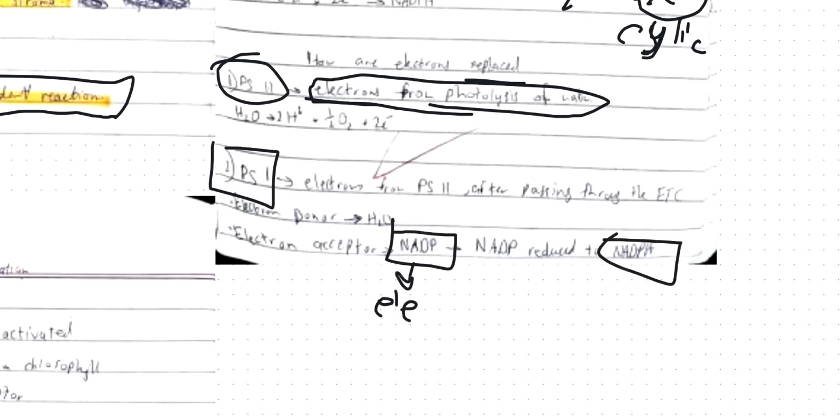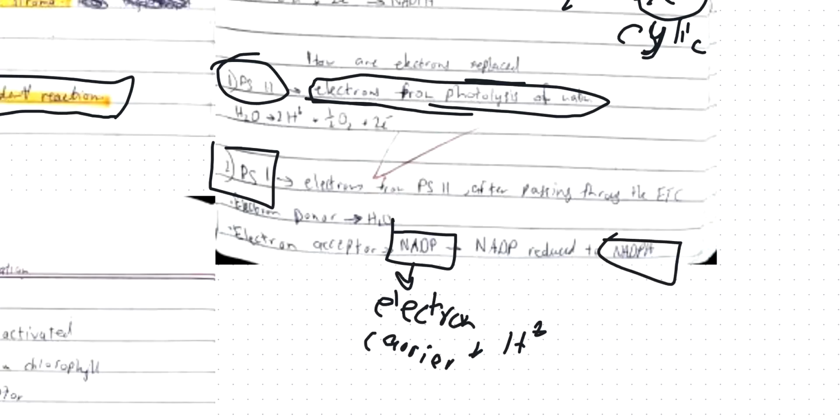So the first method is where electrons are gained from photolysis of water, and this is happening in photosystem 2. In photosystem 1, electrons are accepted by NADP. NADP is reduced to NADPH. NADP is basically an electron carrier, or a proton carrier as well.